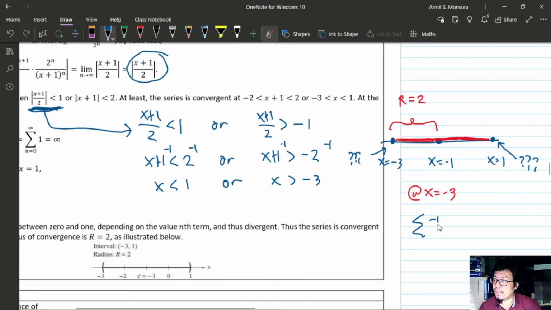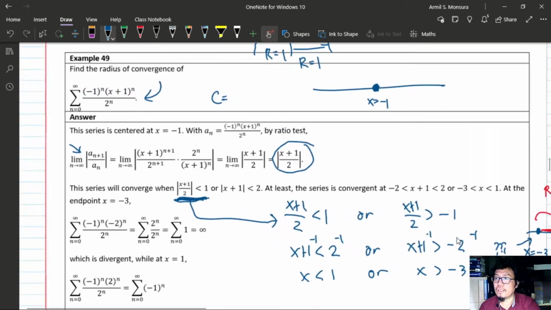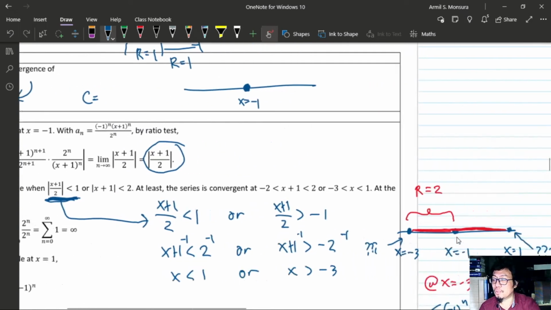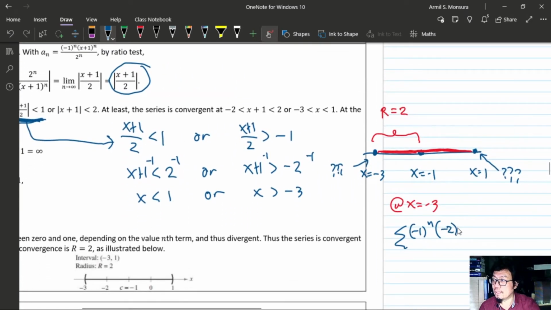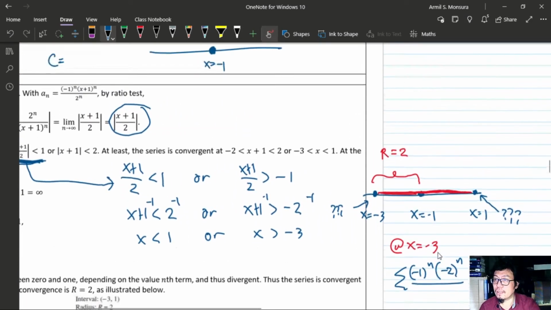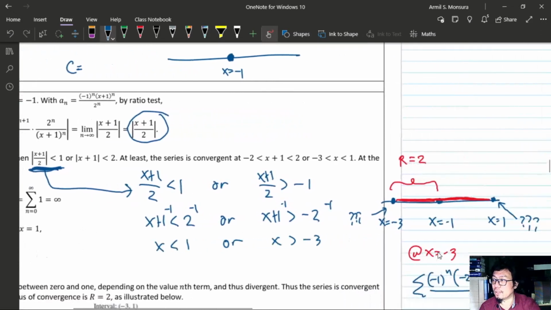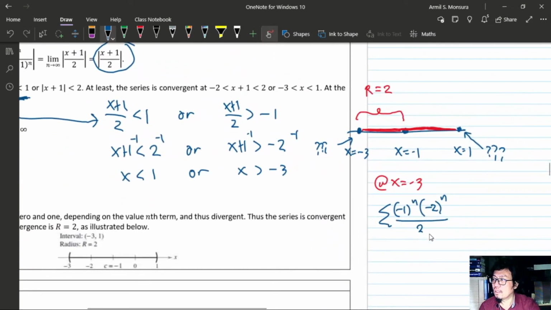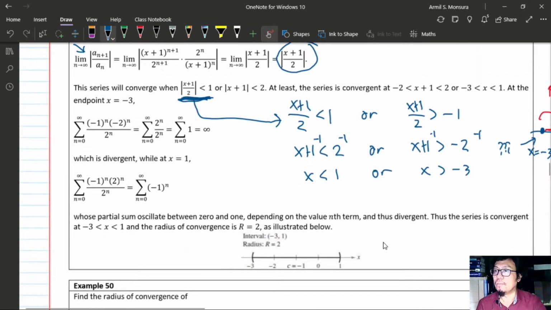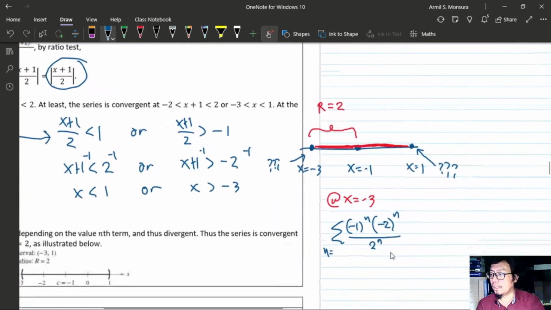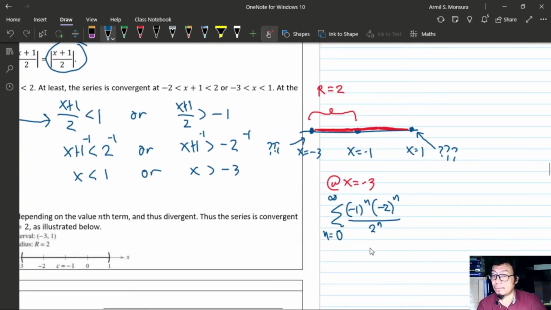the sum of negative 1 raised to n times (x plus 1). So negative 3 plus 1 is negative 2. Negative 2 raised to n over 2 raised to n, for n equals 0 up to infinity.